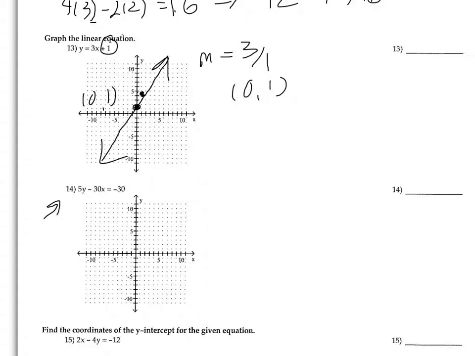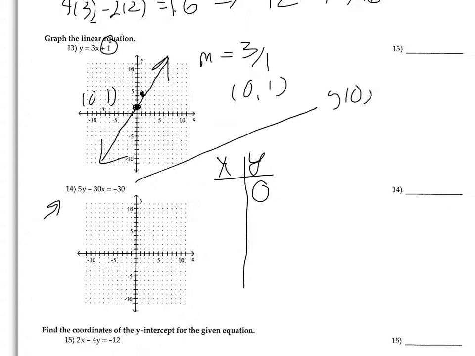Now number 14, I'm going to do a little bit differently. For this one, I'm just going to find two ordered pairs. So I'm going to make a little xy chart, and I'm going to find the x-intercept and y-intercept because it's the easiest thing to do in this scenario. To find the x-intercept, we're going to plug 0 in for y. So plugging 0 in for y, 5 times 0 minus 30x equals negative 30.